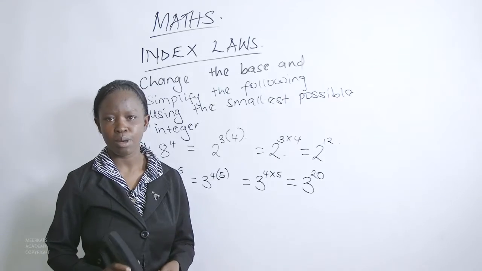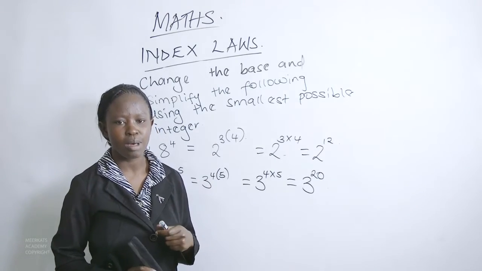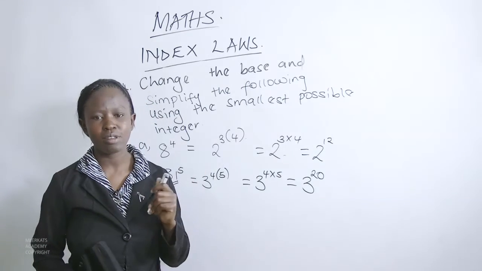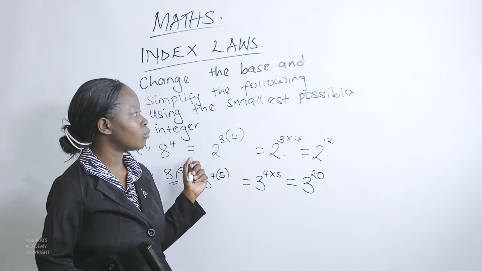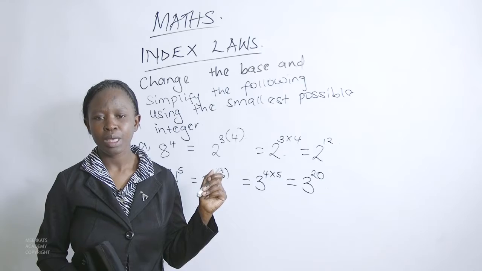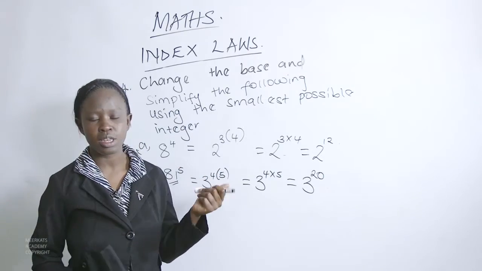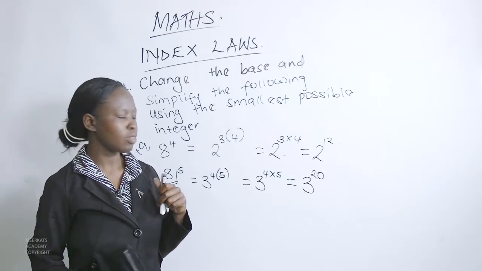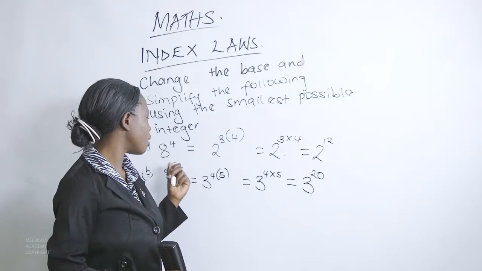Then finally, we could have a situation whereby you have a number that has been written in index form, but the base of the given number can be changed. So when there is a possibility of changing the base of the given number, just find out the simplest or smallest integer that is making up the number.